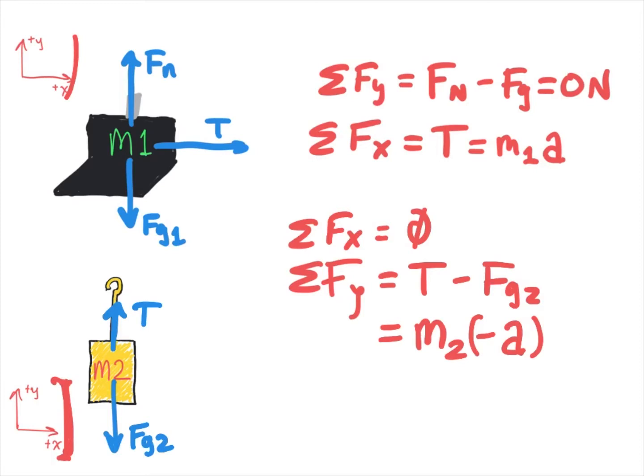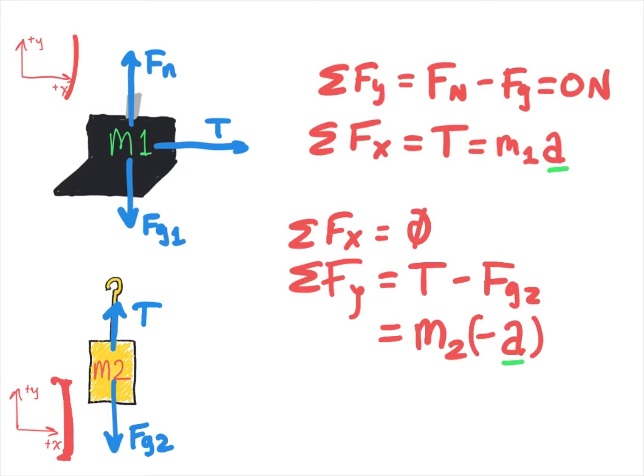And it's going to be the same magnitude of acceleration as I had for my expressions relating the forces in the horizontal direction for mass 1. This is because, once again, these two masses are connected and part of the same system, and so they will accelerate at the same rate.